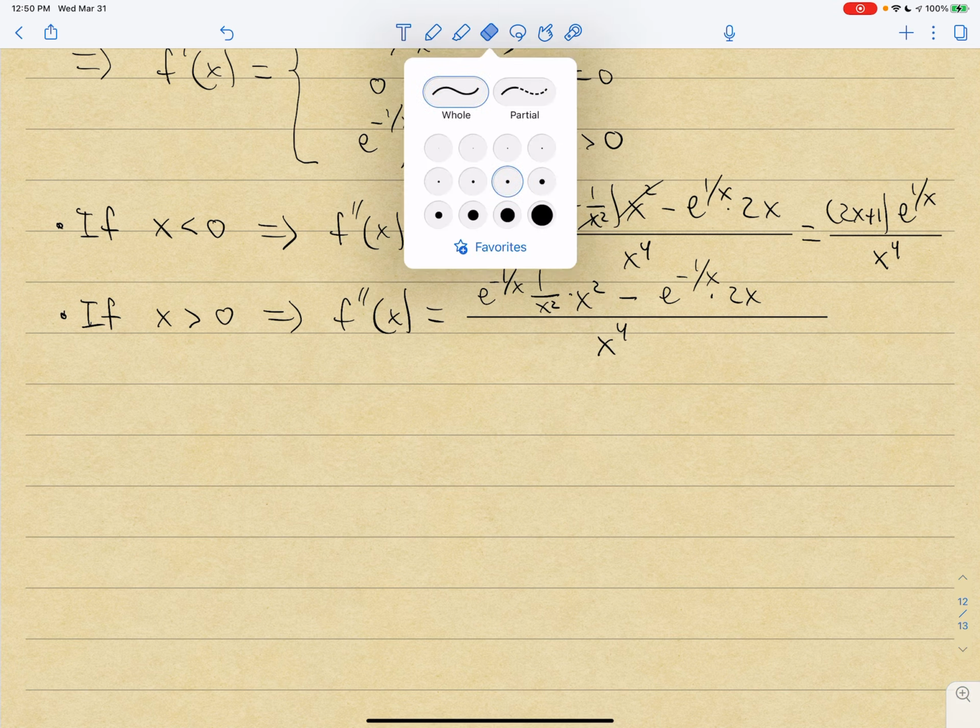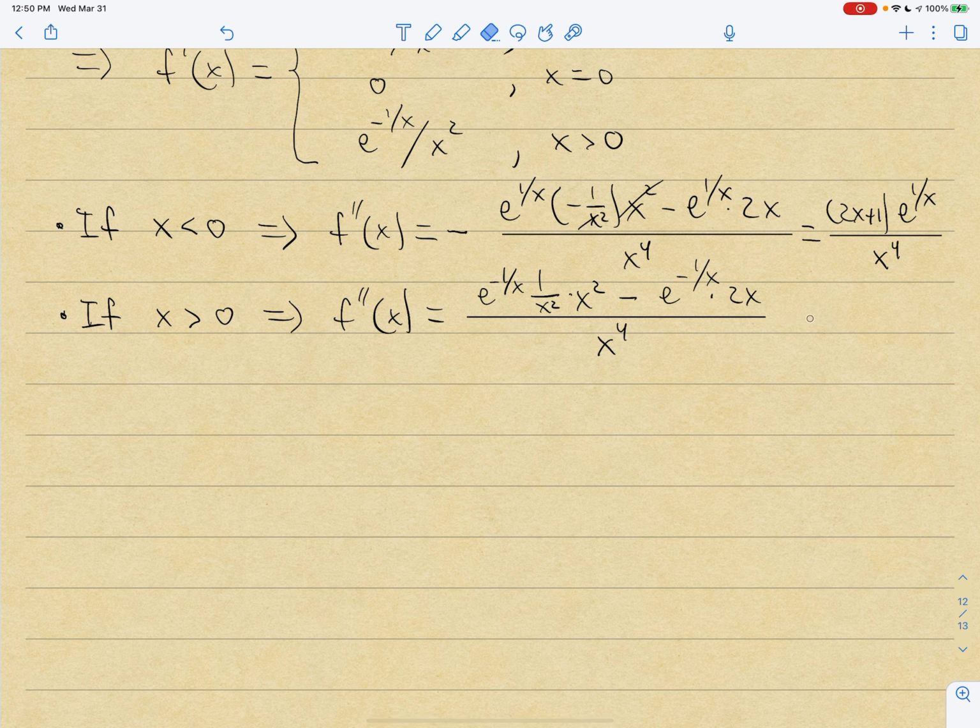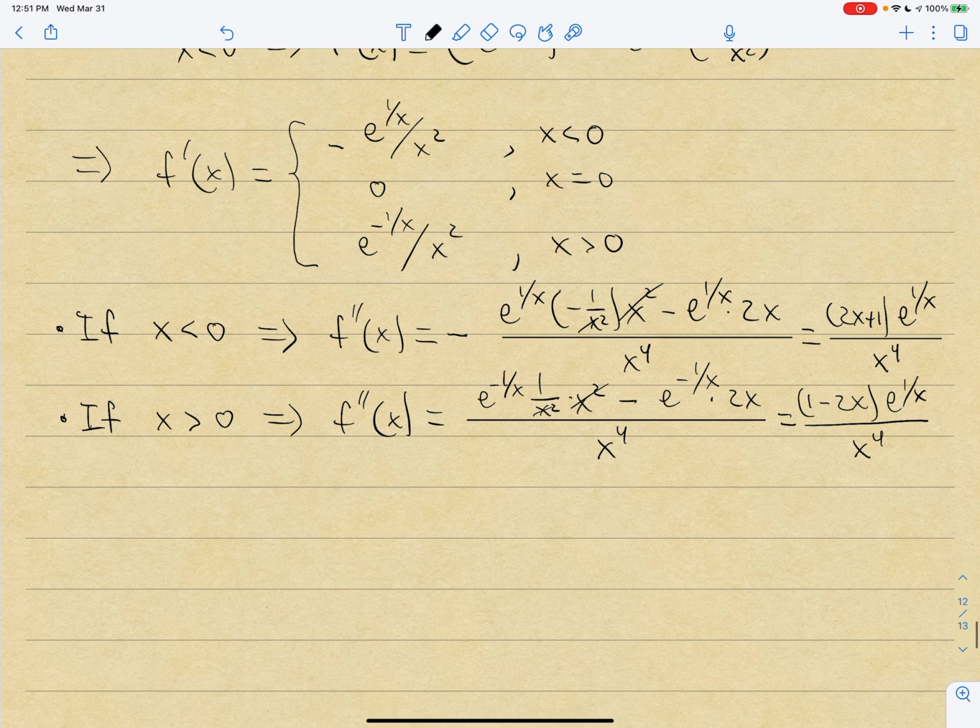If I do the similar thing here and simplify this expression, x squared once again cancels out. And so I'm going to get 1 minus 2x times e to the minus 1 over x, over x to the fourth. Now let me just double check something here.